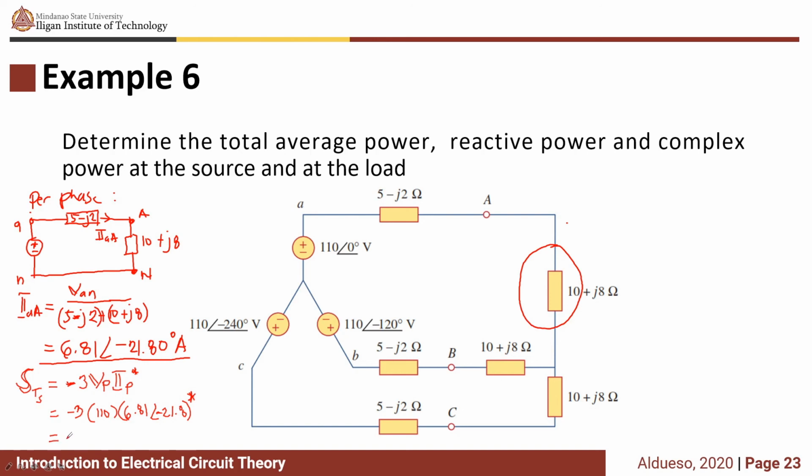So this is equivalent to negative 2247 with angle of 21.8, or in rectangular form this is negative 2087 plus J834.6.